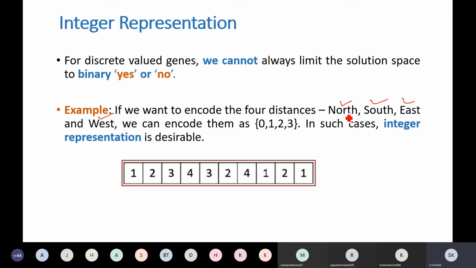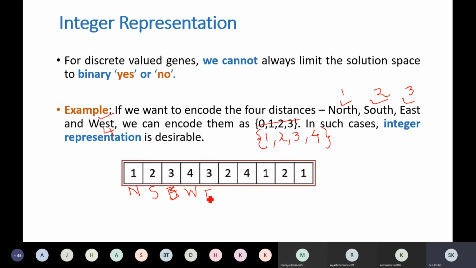Instead of using these direction keywords as they are, since there are 4 directions, we can encode them as integer numbers: 1 means north, 2 means south, 3 means east and 4 means west.